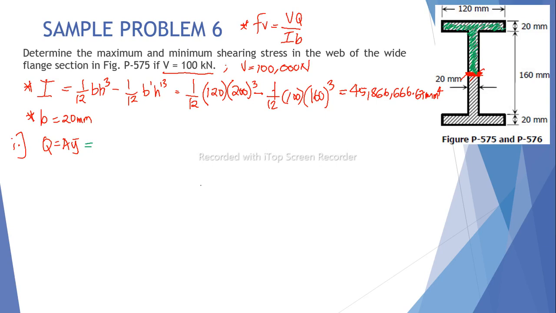So let's take each one, with the distance to the neutral axis. Our neutral axis is in the middle because the object is symmetrical.